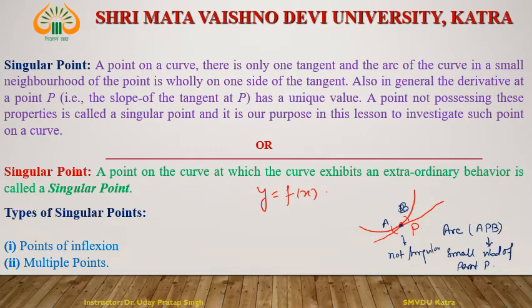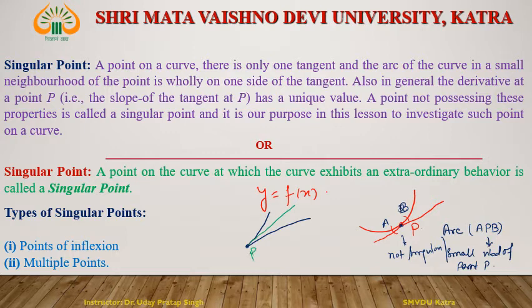But suppose this is the curve and this is the point. If we draw the tangent, our tangent is drawn by the green line.